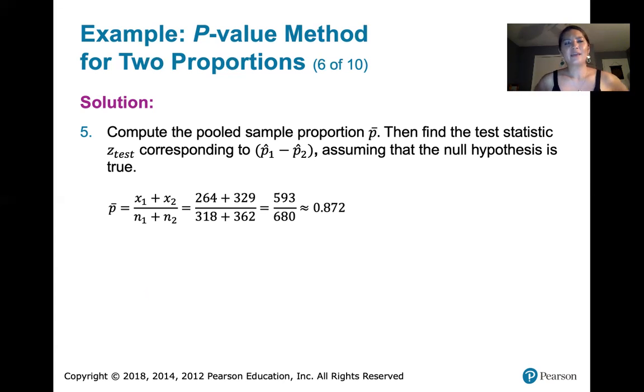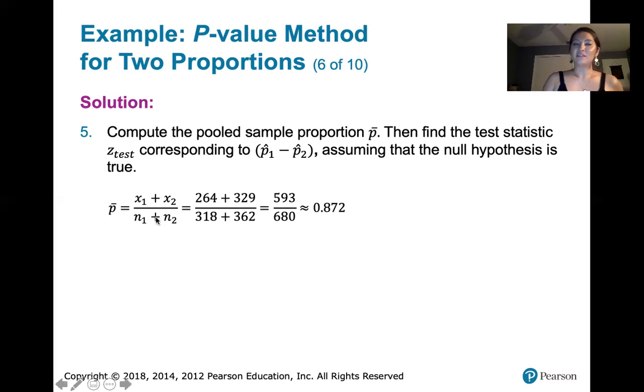You might say, okay, we've got these two different point estimates. What's the best estimate that we have of the common value of P1 and P2 if they're truly equal to each other as stated in the null hypothesis? Well, the best estimate we have of P1 and P2 at the same time is this P bar, this pooled sample proportion.